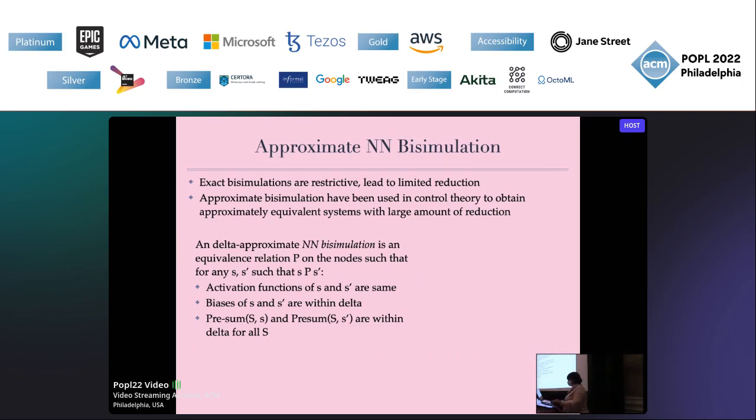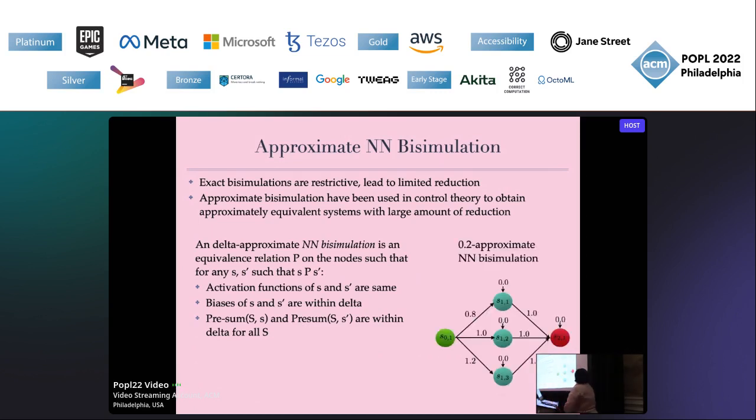Very similar to what we had before, we still require the activation functions to match. The only change now is that we don't require the biases and presums to be exactly the same, but to be within a delta of each other, where delta is the factor we are using to define our approximate NN bisimulation. Right?